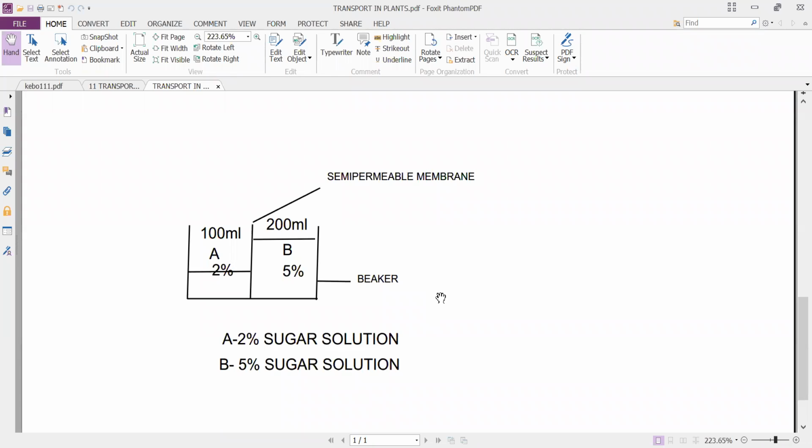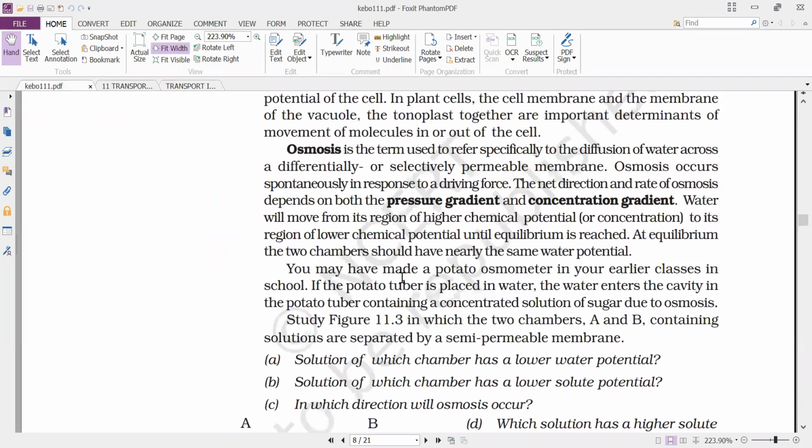This will continue till the concentration of the water present in the beaker and the concentration of the sugar solution present in the pit of the potato reach equilibrium. That is called a potato osmometer, what you have studied.